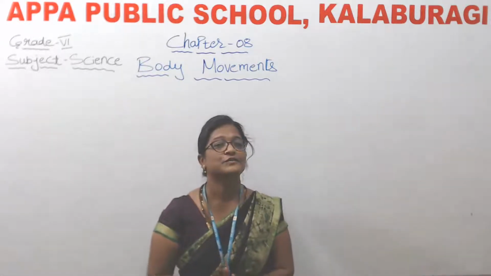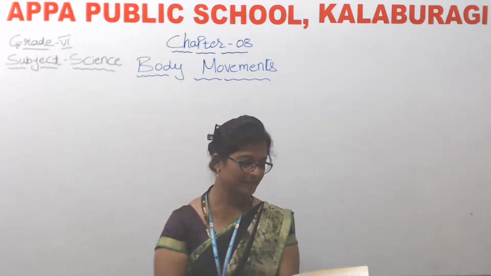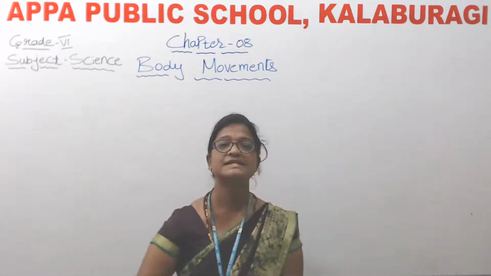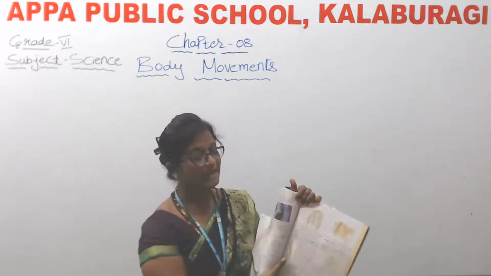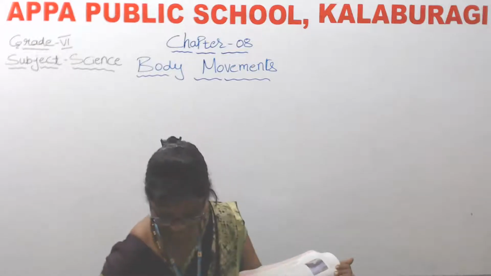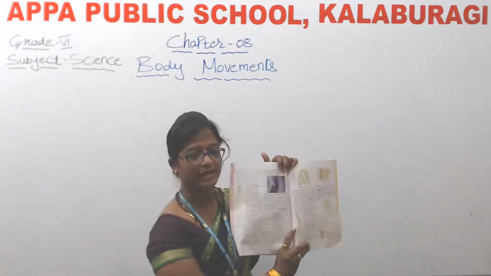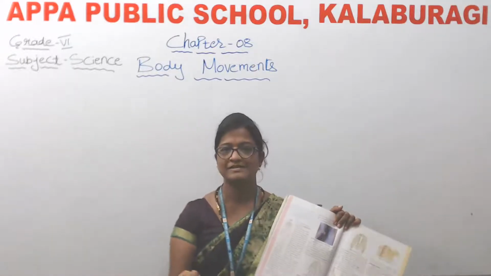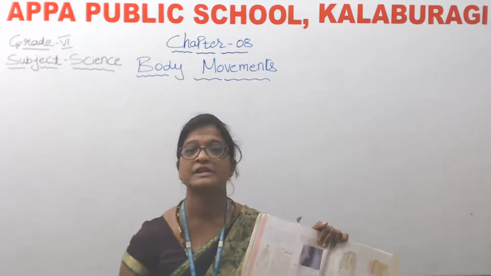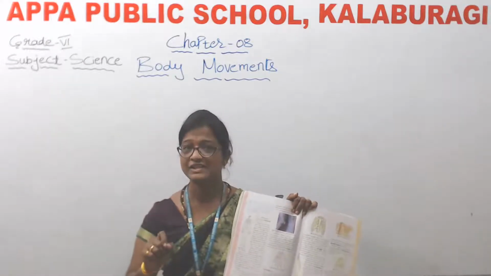Exactly, because of X-ray. So just open your textbook, children, page number 70. So you all know this. So here, X-ray. To see the internal part of our body, like if our bones are damaged, sometimes we meet with an accident, so the bone may be damaged, some internal injury may happen, so at that time the doctor prefers to take an X-ray, isn't it?